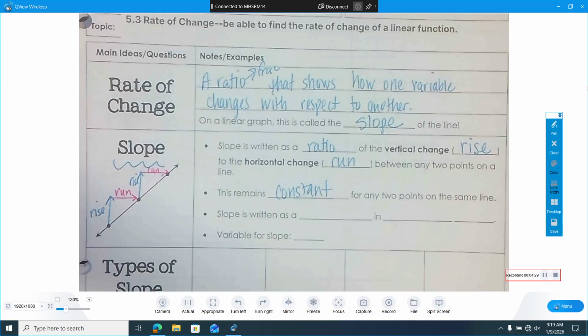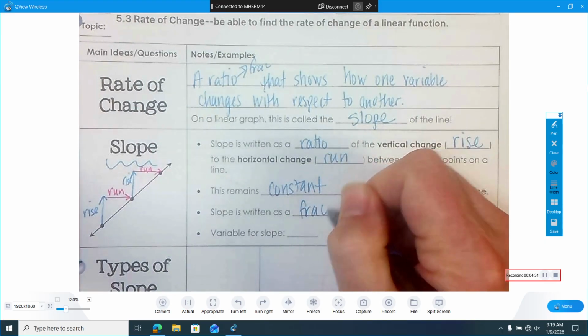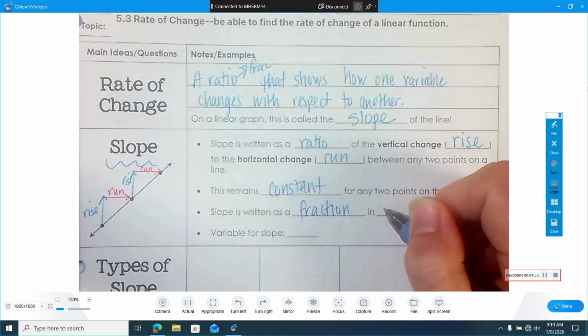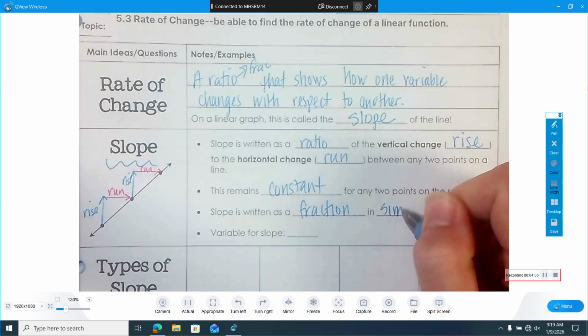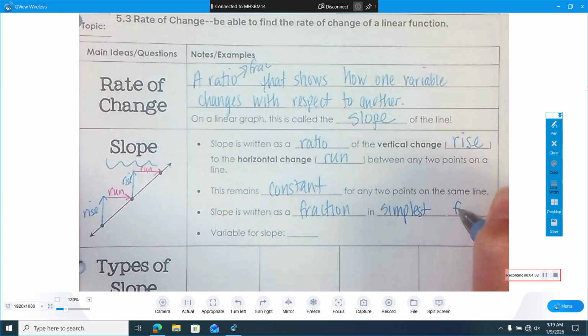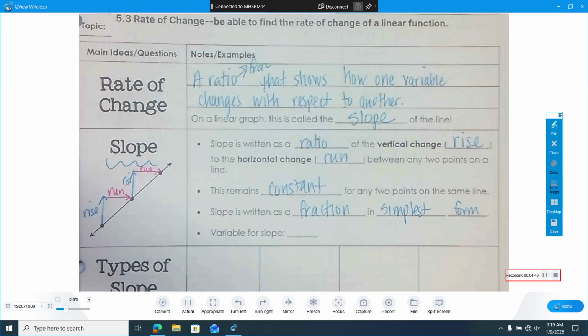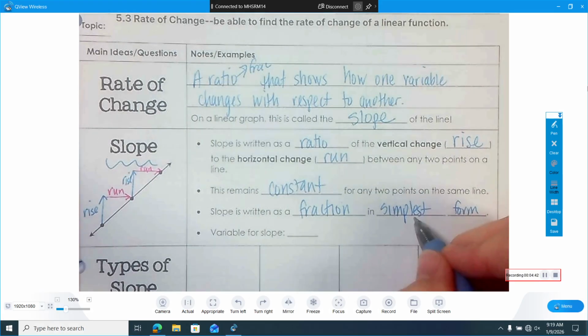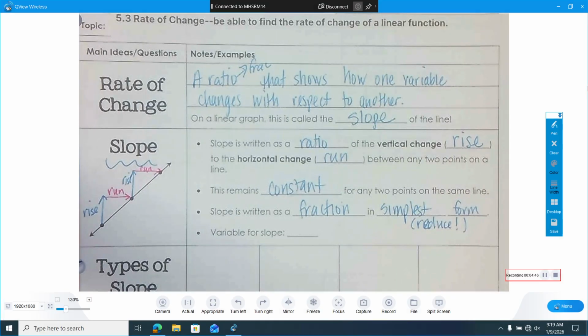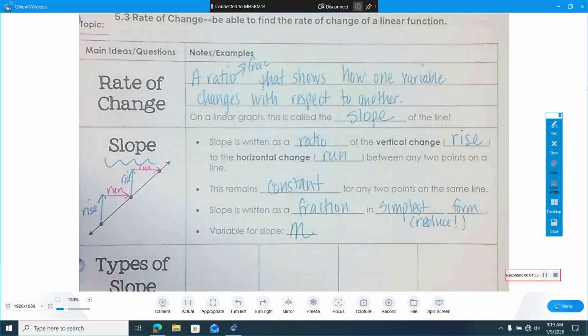Slope is written as a fraction in simplest form, which of course means we want to reduce. And the variable for slope is m, which is totally weird.